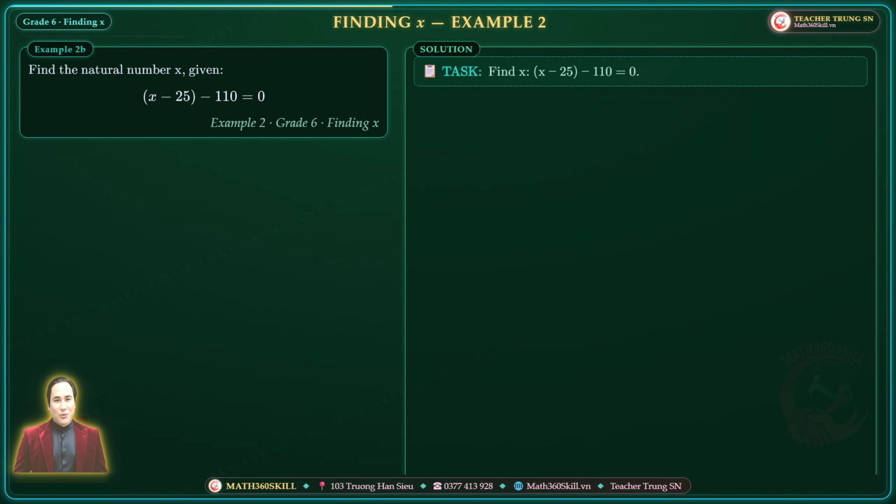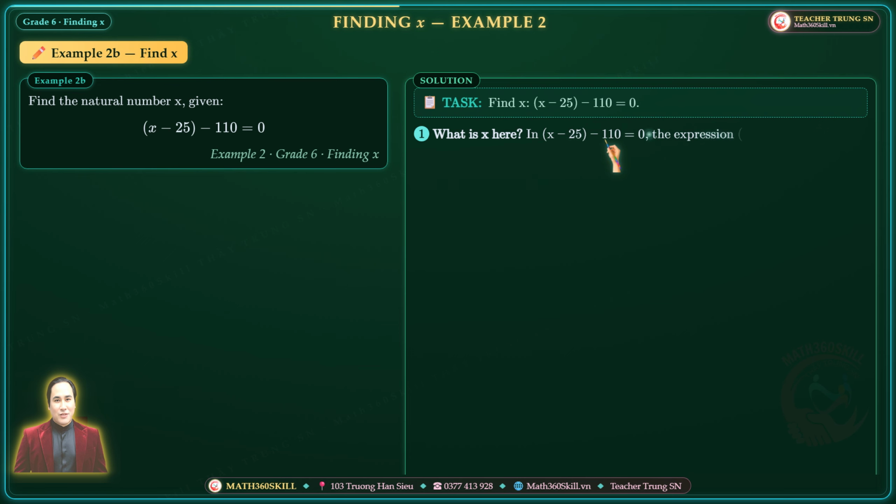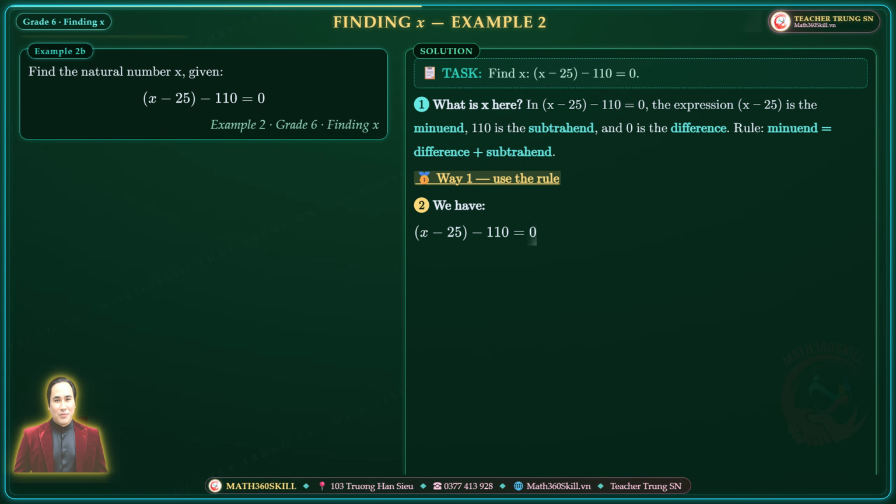Part B, the quantity x minus 25 minus 110 equals 0. Again, the bracket x minus 25 is the minuend, 110 is the subtrahend, and 0 is the difference. Way 1 with the rule. We have the bracket x minus 25 minus 110 equals 0.